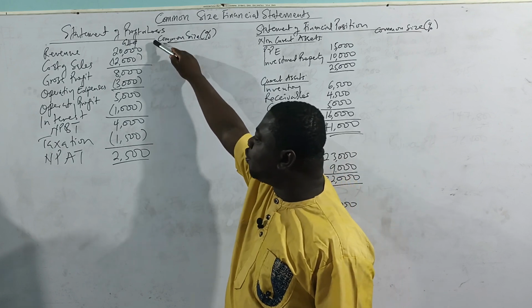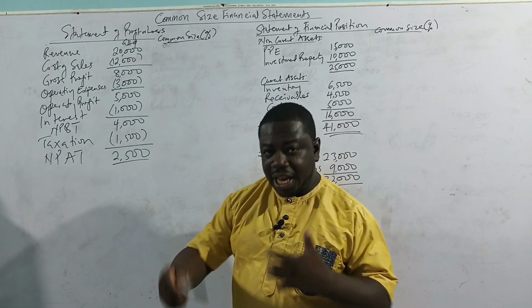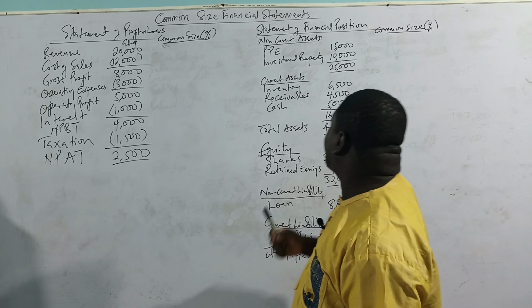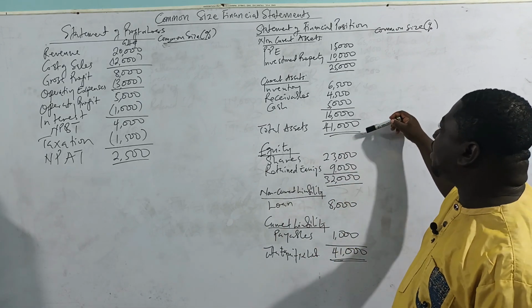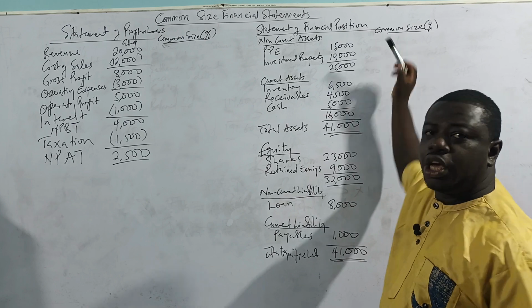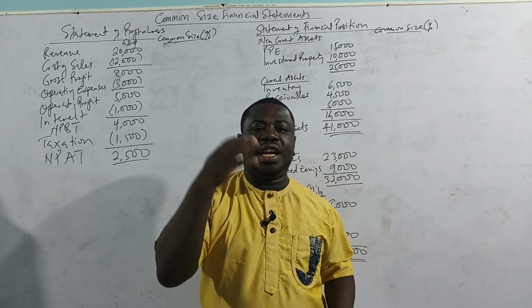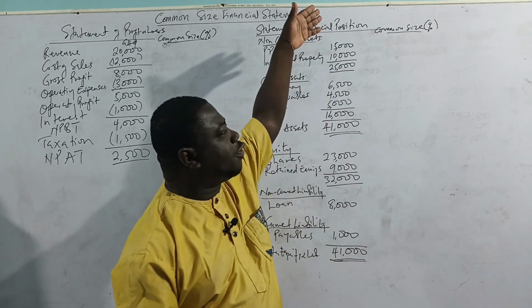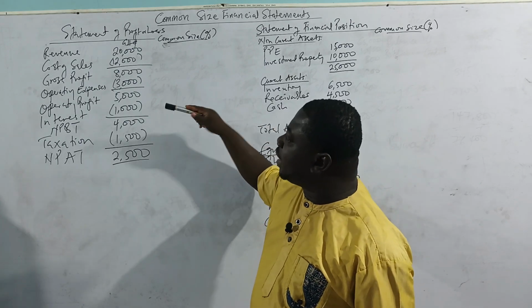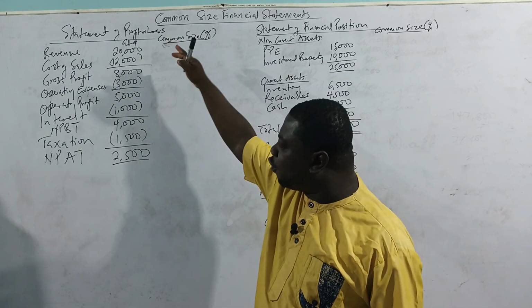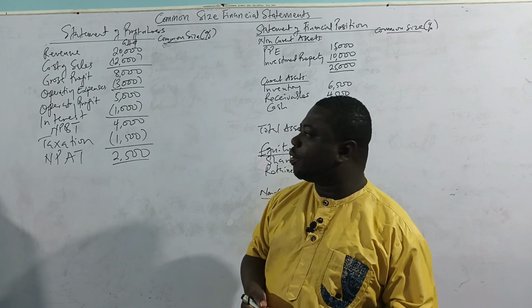What percentage of the revenue is net profit after tax? And in that manner, when we come here, we want to know what percentage of total assets is cash. What percentage of total assets is the PPE? So we are finding percentages of total assets for each of the items on the statement of financial position, and percentages of total revenue for each of the items on the statement of profit or loss.